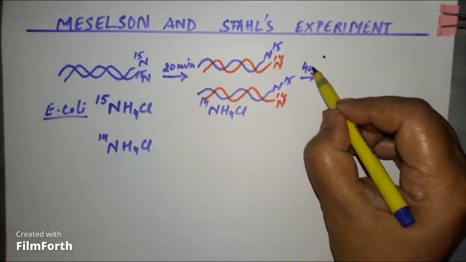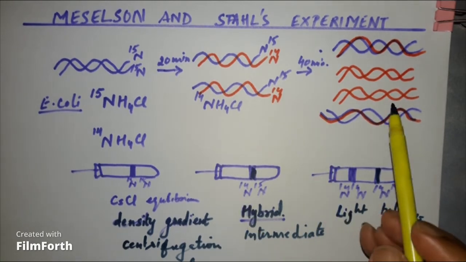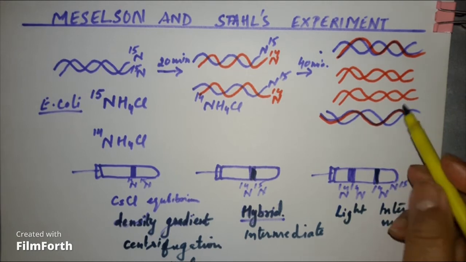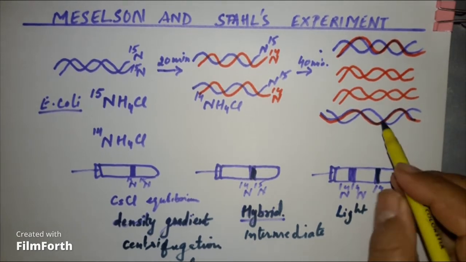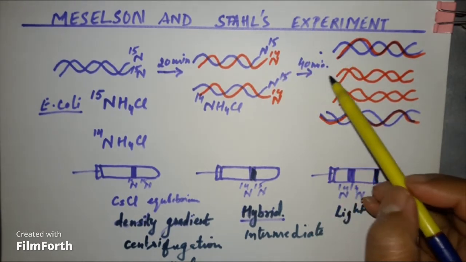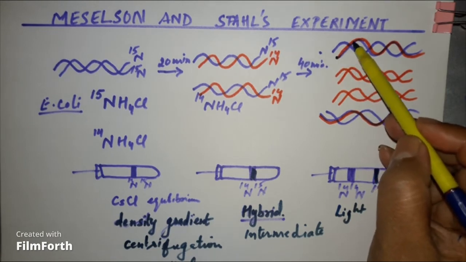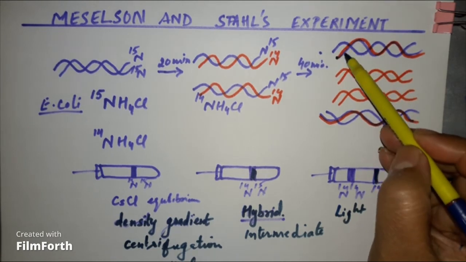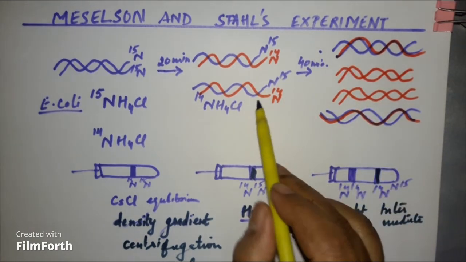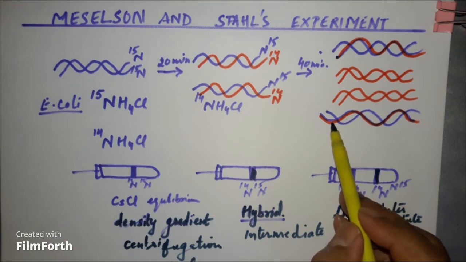After 40 minutes they again observed the density of the DNA which is produced. Now you can see that these strands, since they are lying in the same medium, must have used the nitrogen 14 type. So they will be hybrid. These are also hybrid. They are lying in the same medium, the 15 type of medium and the 14 type of medium.